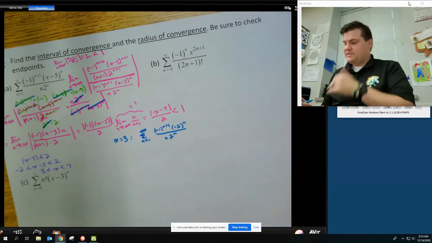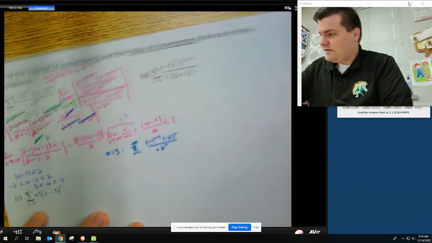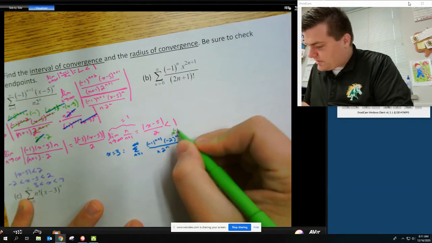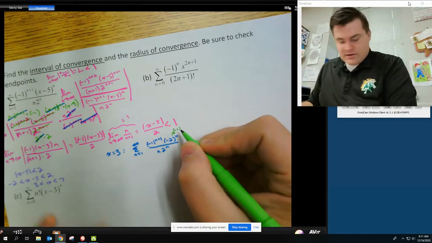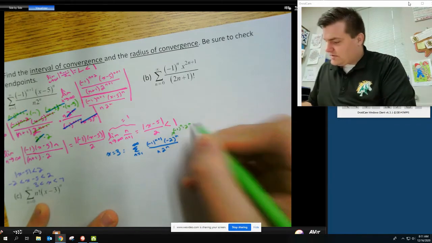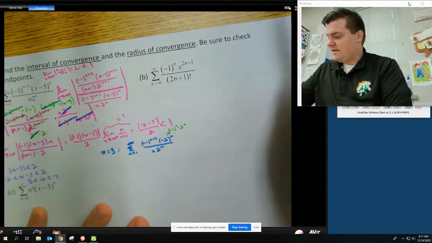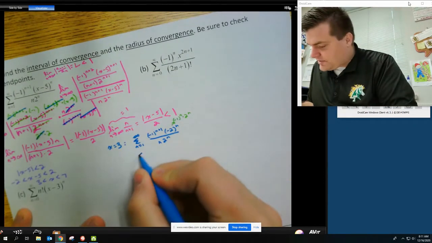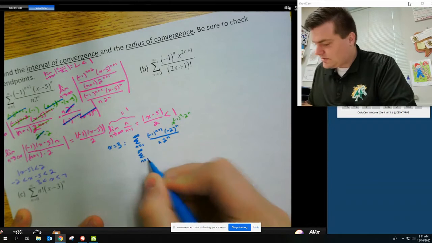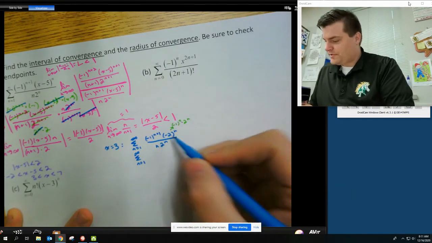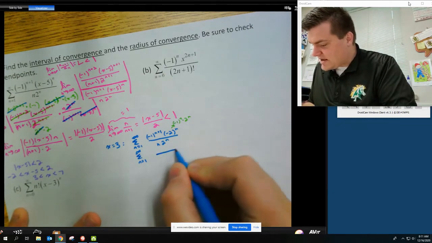Okay, so this is going to rewrite as a little rewrite here in green. This is the same thing as negative 1 to the n times 2 to the n. Okay? So because of that, my 2 to the n's are going to cancel out. So on the bottom, I'm left with just an n.